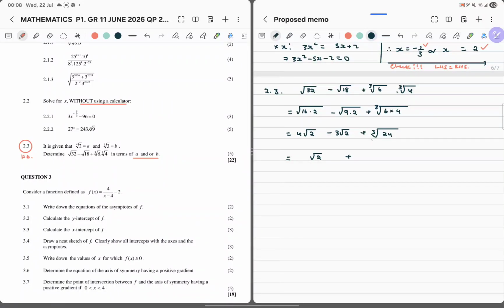Plus, let's check it here. What is this? This is 8 times 3. So this is the cube root of 8 times 3. This goes on to say square root of 2 plus the cube root is split again of 8 times the cube root of 3.